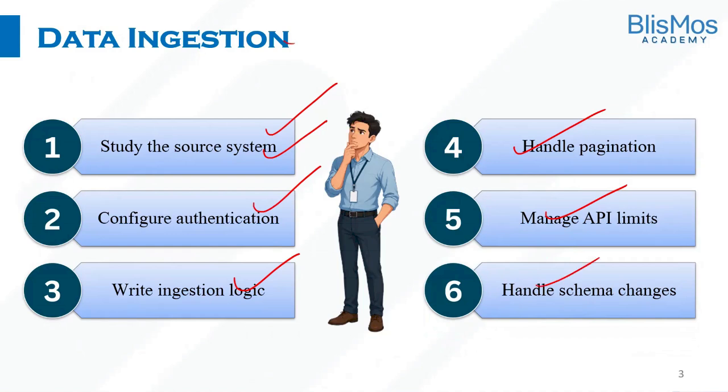Each of these steps requires some technical understanding. If any of the steps is missed, data may be incomplete or delayed or duplicated or incorrect. Getting all the steps right is very important for the data ingestion process.